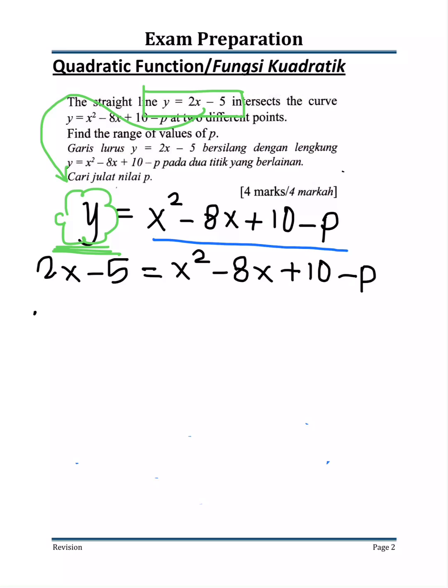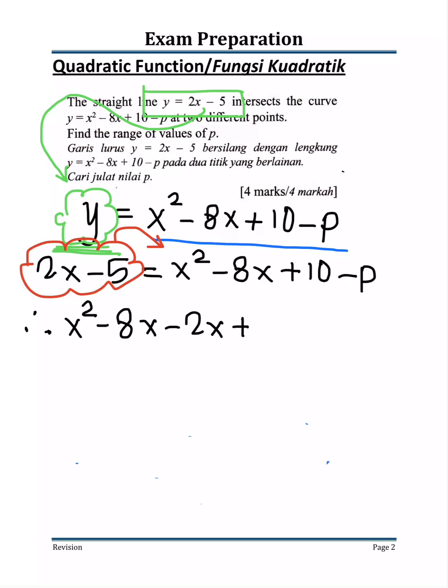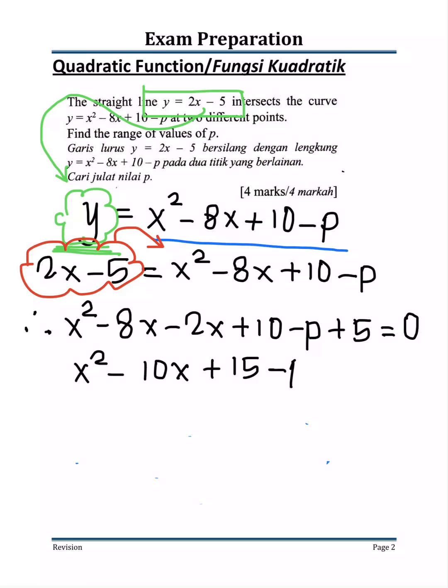So, now I can change this to become a quadratic equation. Logik anda nampak semua ini akan dipindahkan ke sebelah kanan. So, when I do that, I'm going to get x squared tolak 8x tolak 2x tambah 10 tolak p tambah 5 sama dengan kosong. So, you will end up x kuasa 2 tolak 10x tambah 15 tolak p sama dengan kosong.